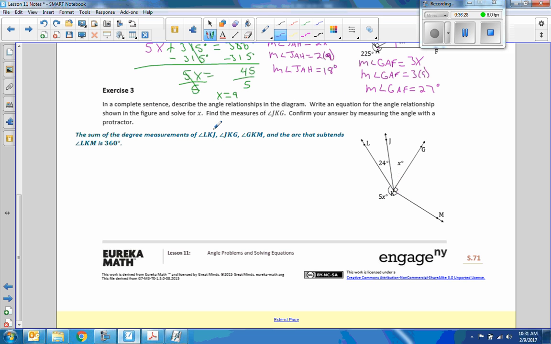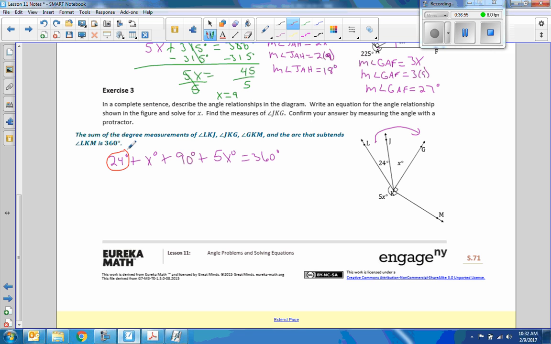So now we're going to set up our equation. So I'm going to start here and work my way clockwise so I don't miss it. So 24 degrees plus, next one is x degrees, plus 90 degrees, plus this large arc of 5x degrees, equals a full circle rotation of 360 degrees.